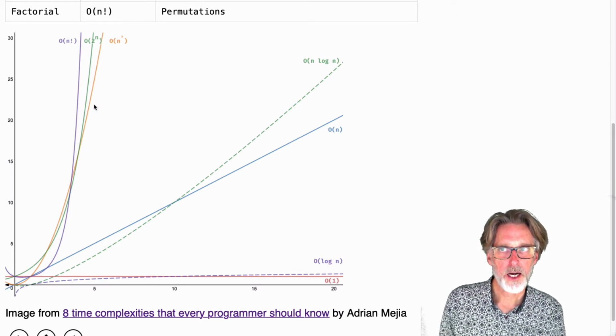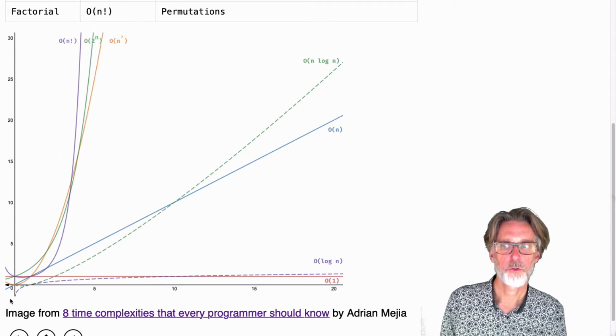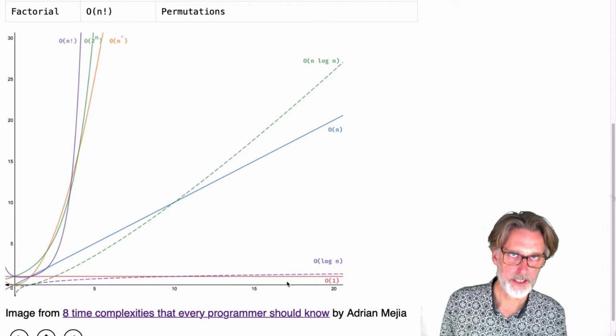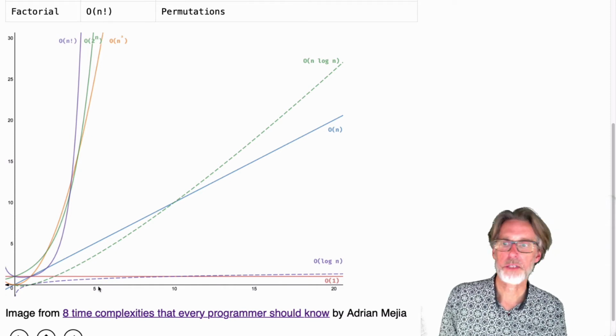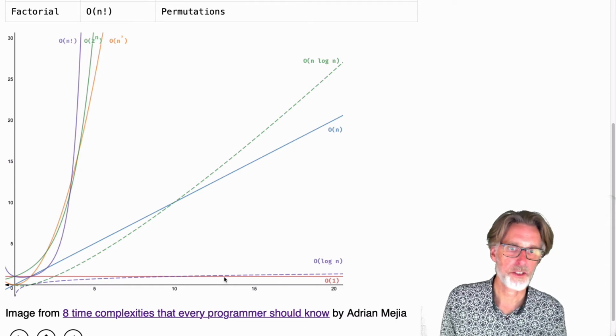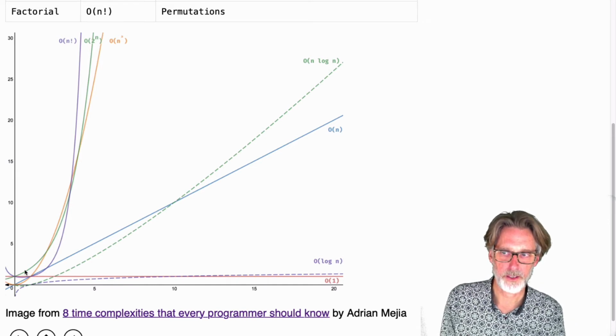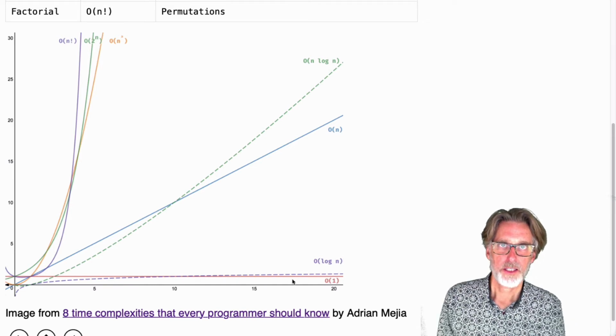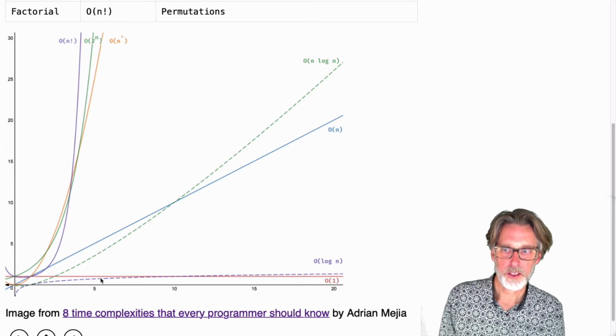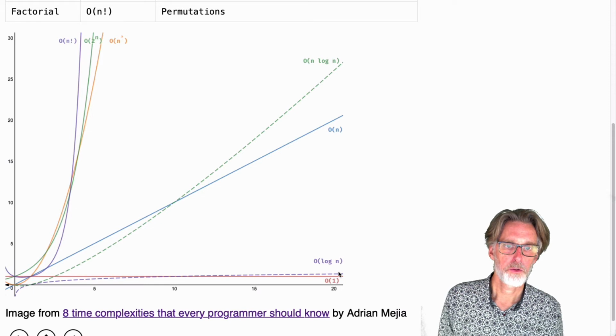It's how the time required by the program to execute varies with respect to the input size. So if the time of the program doesn't depend on the input size at all, then you have what's called a constant function, indicated by this straight line. If the time required varies with respect to the logarithm, you end up with this purple dashed line here, which is the logarithm.